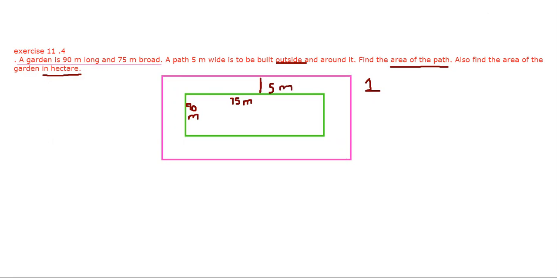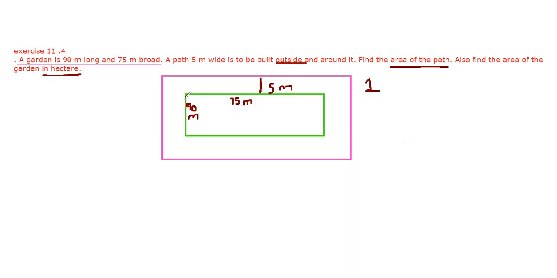Now we have to find the area of the path. So let us first find the area of the garden, and then we can find the area of the path. So here there are two areas: the area of the garden.